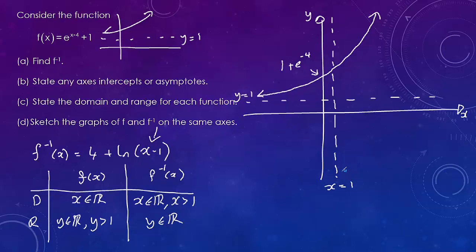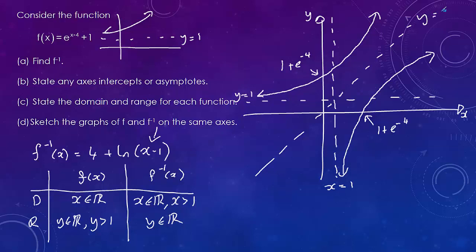And so it must come up this way and go over like so, and it would cross here at 1 plus e to the negative 4. And then we'll just add to that the line y equals x to show that they're reflections of each other.